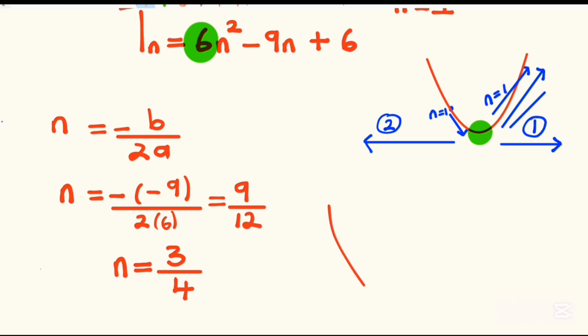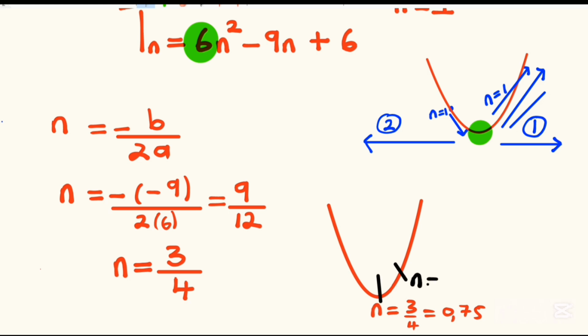So at our turning point, we have n is equal to 3 divided by 4, which is equal to 0.75. We have that as our turning point, and we have n is equal to 1 somewhere there.